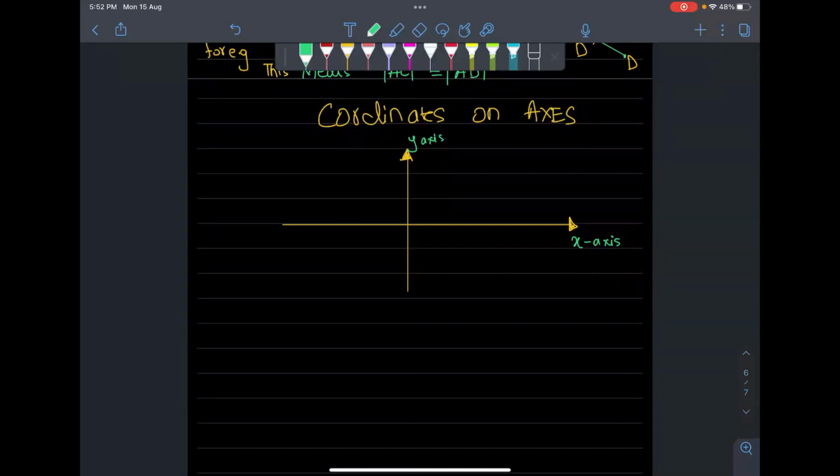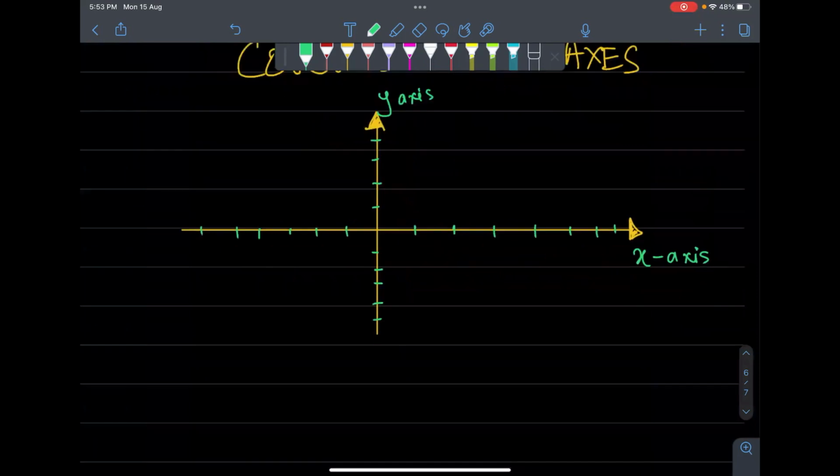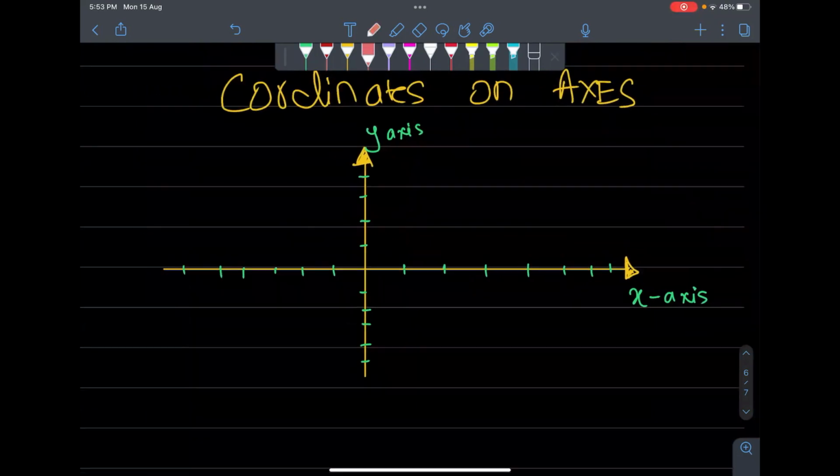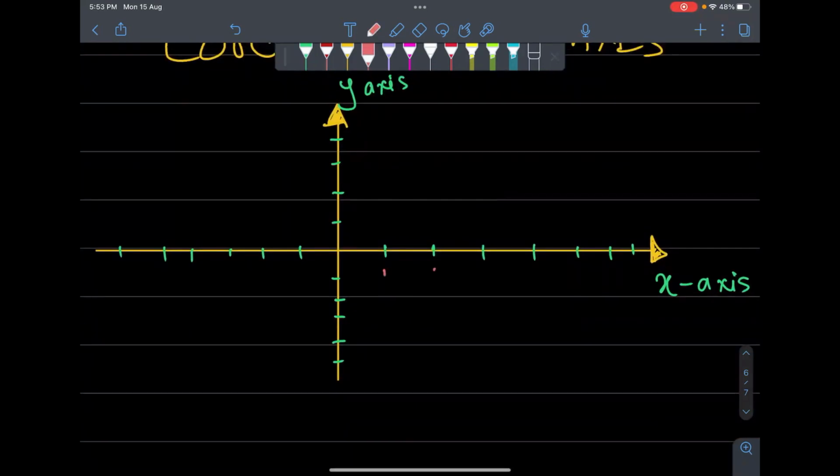For example, if we are dealing with coordinate geometry and we have this on a grid, or that we are told that there is a coordinate, let's say we have a coordinate right about here. Let's say this is A.